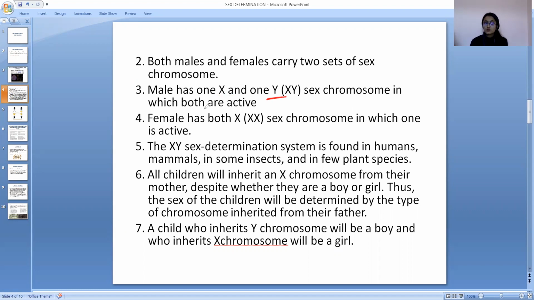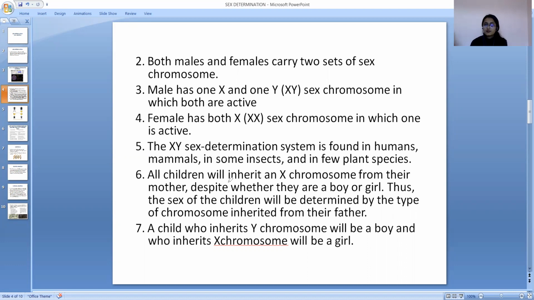Female has both X chromosomes, in which one is active. जब gametes बनेंगे तो फीमेल में X के ही बनेंगे. मेल में दोनों के बनेंगे, एक्स के भी और वाई के भी. स्पर्म वाई भी हो सकता है, एक्स भी हो सकता है, बिकॉज क्रोमोसोम का एक ही एंड जाता है ना, दोनों के दोनों तो नहीं जाते, है ना? लॉ ऑफ सेग्रीगेशन. The XY sex determination system is found in humans, mammals, some insects, and a few plant species.